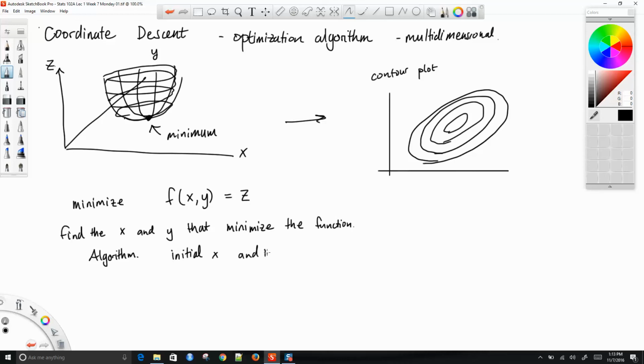Then set y equal to y sub 0, and now f of x, y is just a function of x.